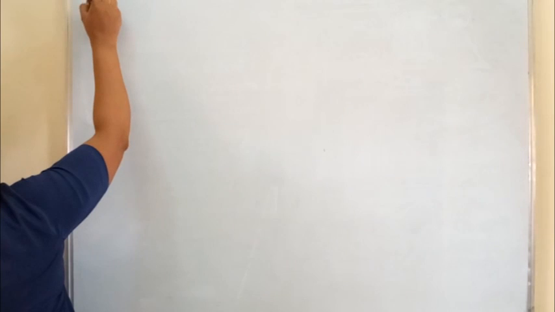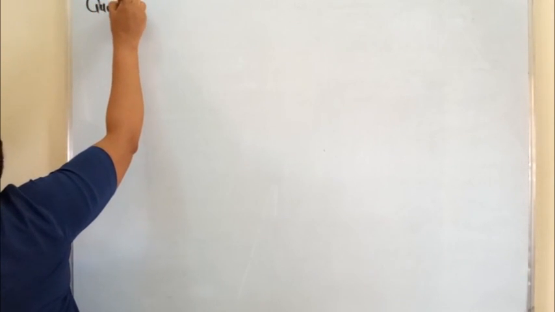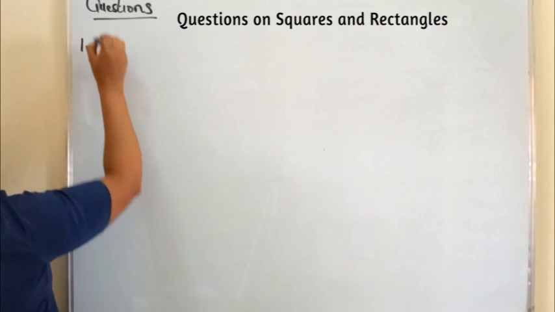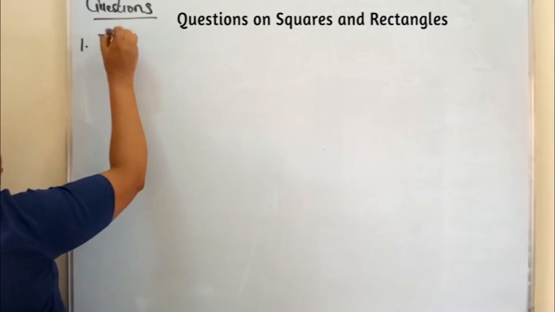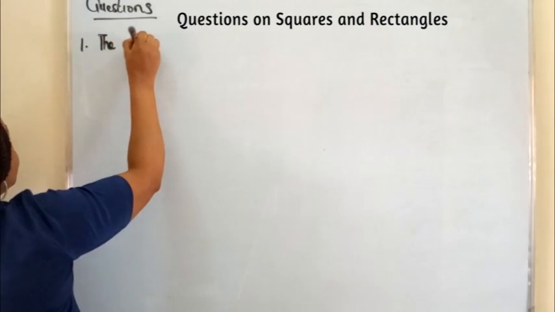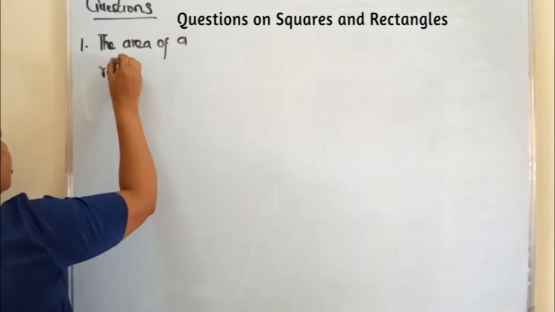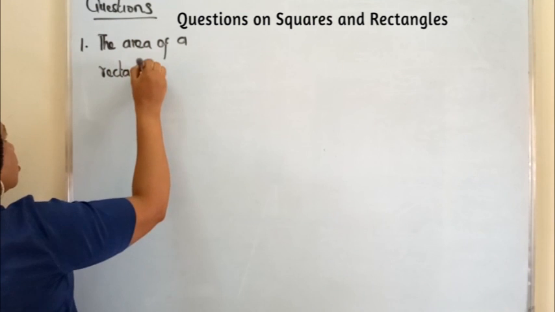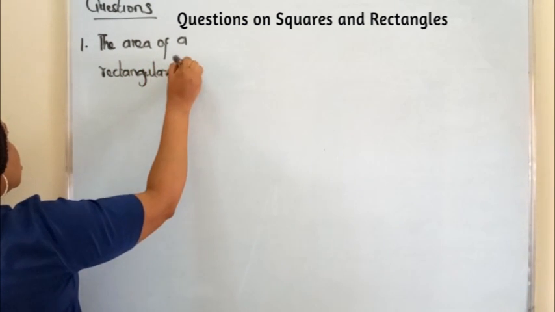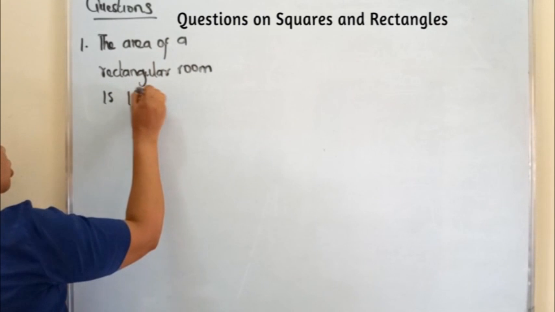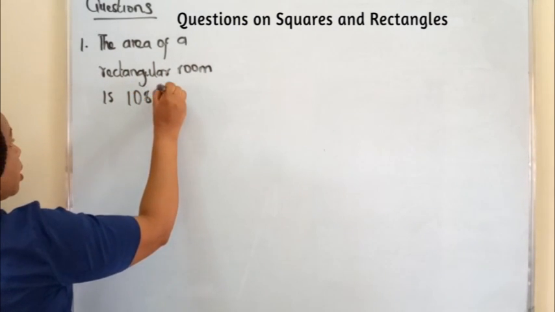Take, for example, question 1. The area of a rectangular room is 108 centimeters square.